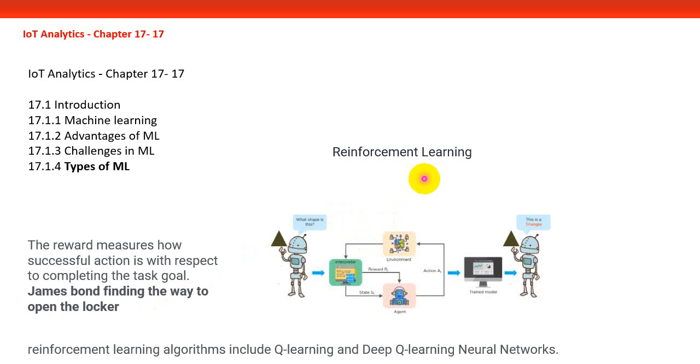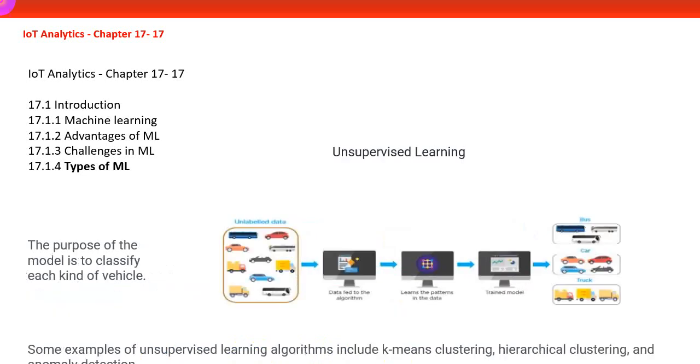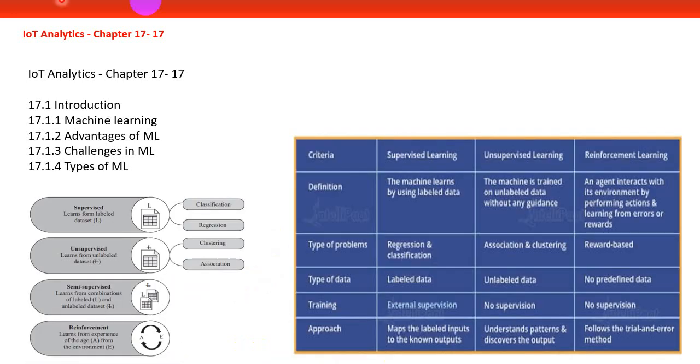Reinforcement learning technique also has some algorithms: Q learning and deep Q learning, neural network things and all. Basically, you have to understand the difference between supervised learning, unsupervised learning, and reinforcement learning. In supervised learning, the machine learns by using labeled data.